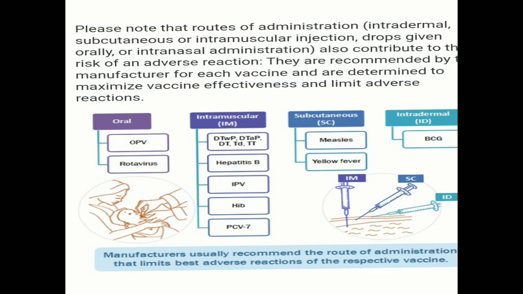So the inconsolable cry, that is more than 3 hours with other things being normal, and hypotonic hyporesponsive episode and convulsions and even acute encephalopathy. So these are the dreadful complications that occur with the DPT, and that too due to the pertussis component. So only beyond 3 years, the pertussis vaccine is not advised.